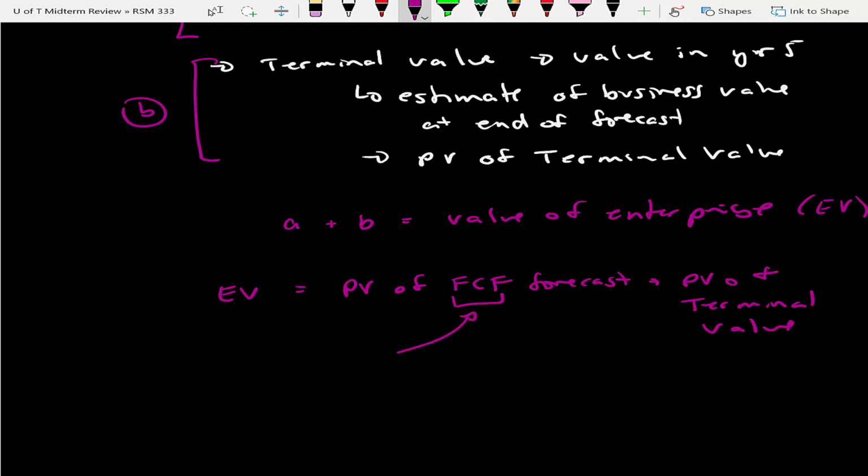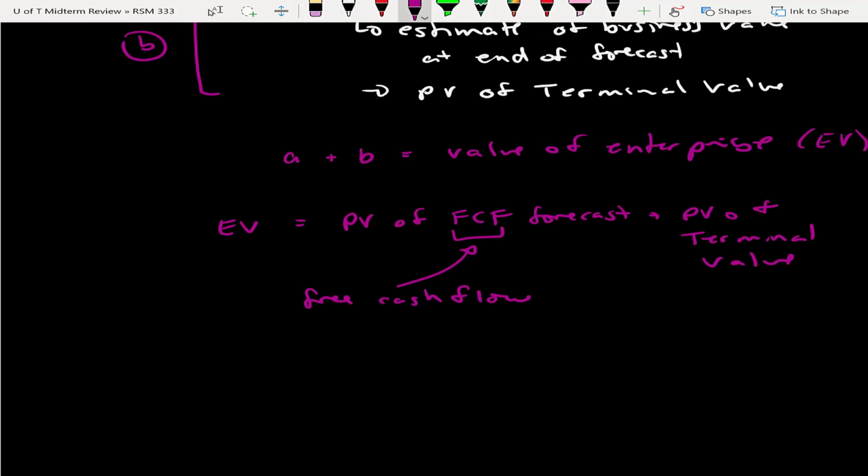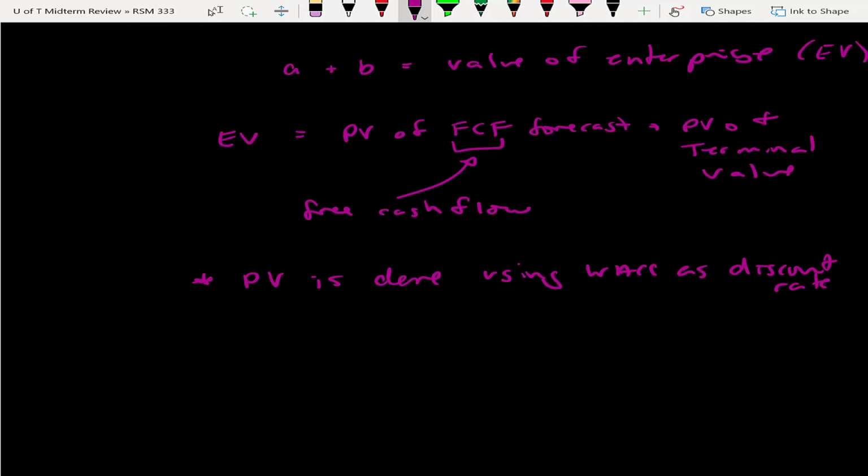And FCF is free cash flow. And the key here, or one of the key differences, is that the present value is done using the weighted average cost of capital as the discount rate. Okay, so that's going to be a difference from the APV and the DCF, which we'll see in a bit.